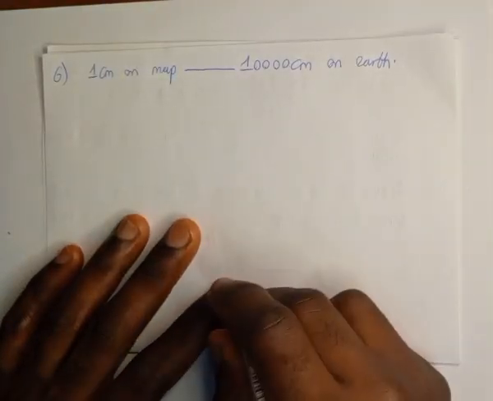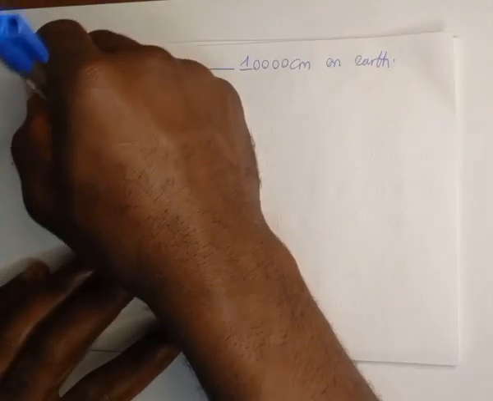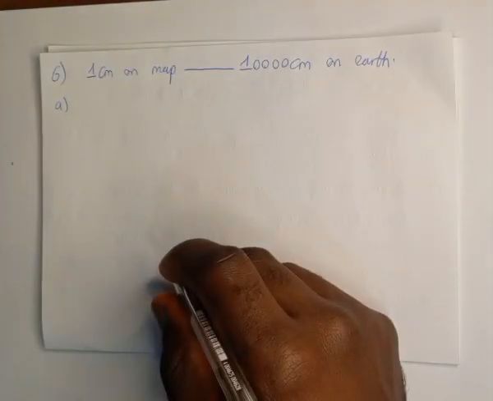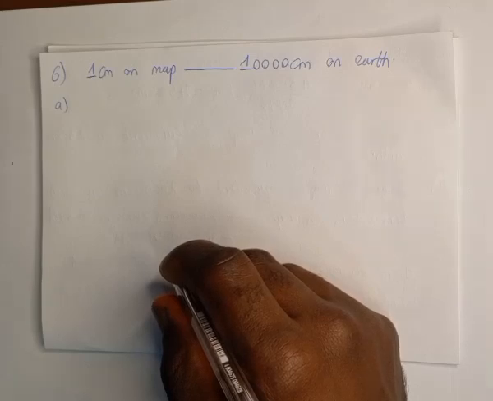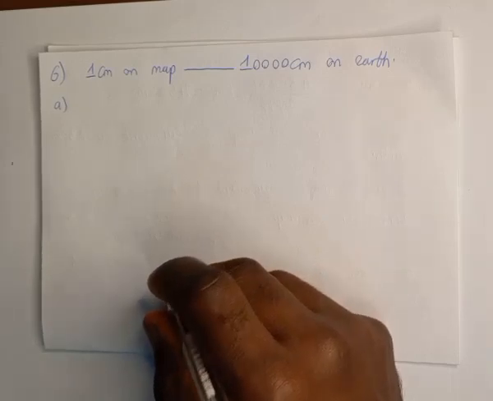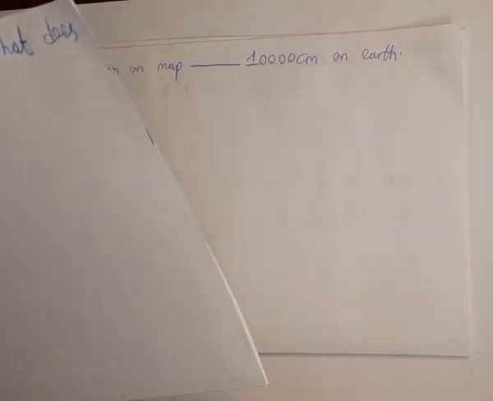That's what it means. For A, they are asking us what does 1 centimeter squared represent. That means 1 centimeter squared on the map represents what on the Earth.